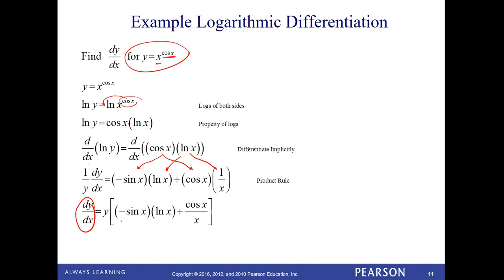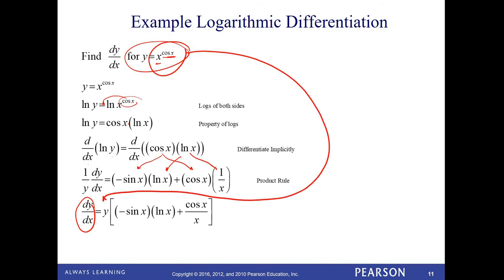However, I do want this in terms of x, so going back to the beginning, I'm now going to take my y value and substitute it, and now I have a derivative for dy dx all written in terms of x. It's not very nice and neat, but that's how we get there.